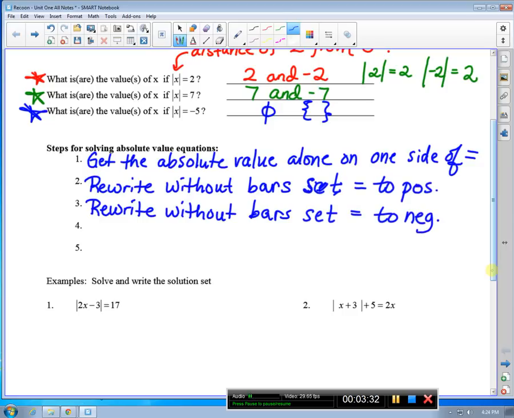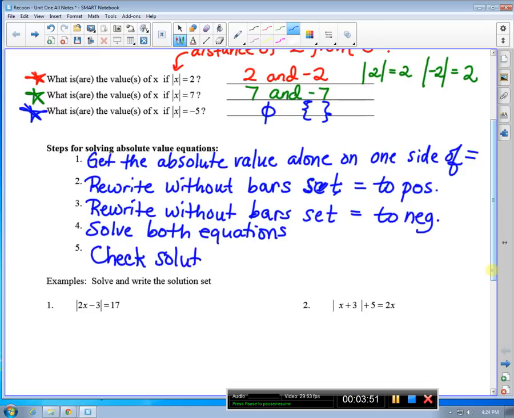So we're going to negate the other side of that equation. We're going to solve both equations and then we're going to check. Checking this here is very important, so make sure you are checking.